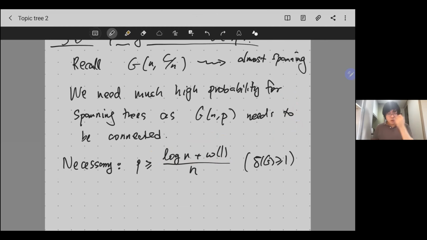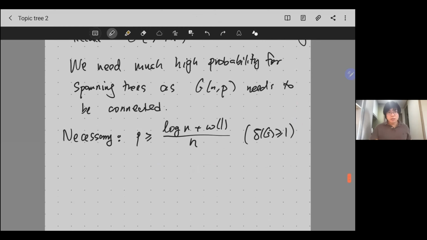right? So a couple of years ago, this was finally resolved by Montgomery. So he proved that, he showed that basically that's the threshold. He actually showed a universality condition.